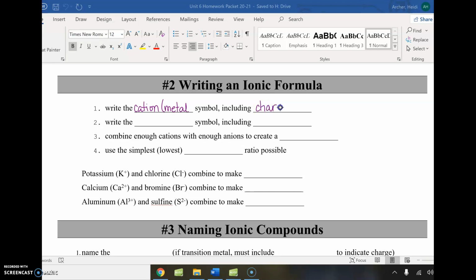And then we're going to write next the anion, which is your nonmetal, including its charge. Okay? Then we're going to combine enough cations with enough anions to create a neutral compound.